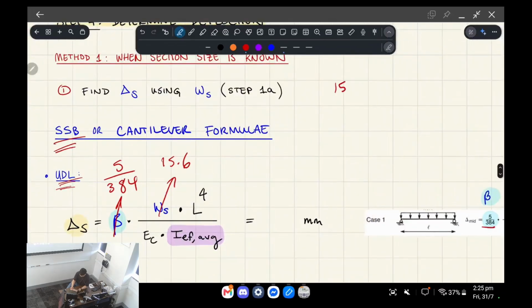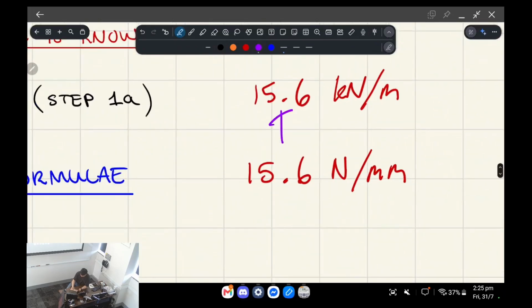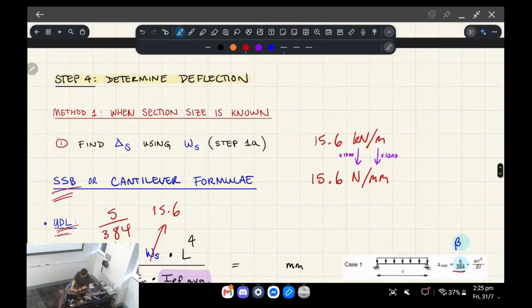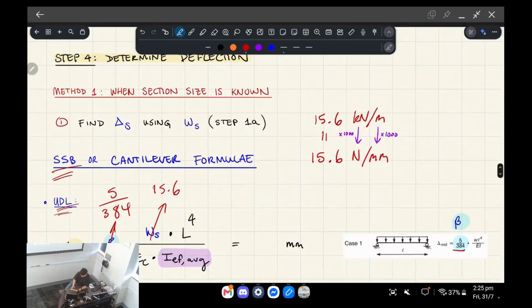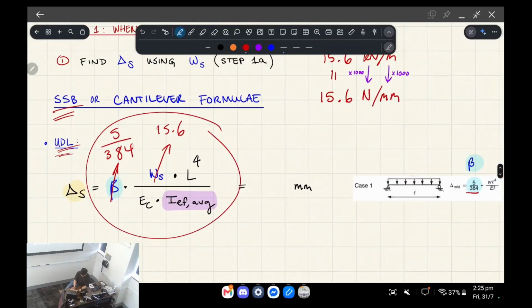Keep in mind, we did 15.6 as kilonewtons per meter, but whether you're doing it in kilonewtons per meter or newtons per millimeter, when you do this conversion you're multiplying by 1,000 on the top and the bottom of the fraction, so it cancels out anyway. So 15 kilonewtons per meter is in fact equal to 15 newtons per millimeter. This formula is sensitive to the units that you plug in, so just be very careful.